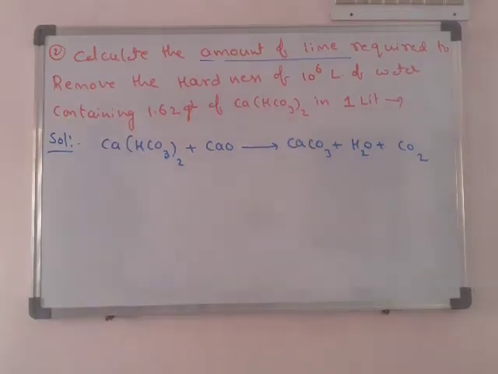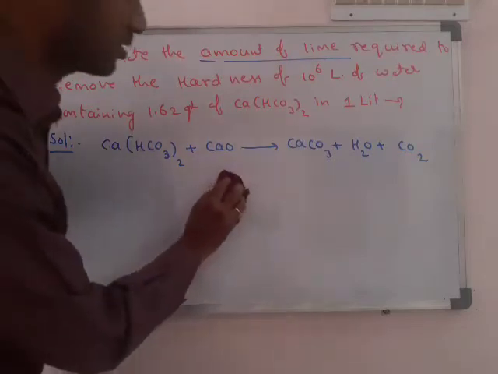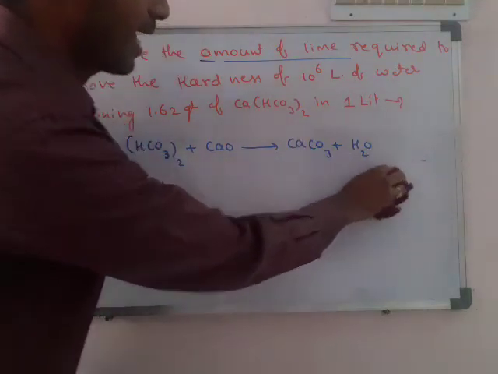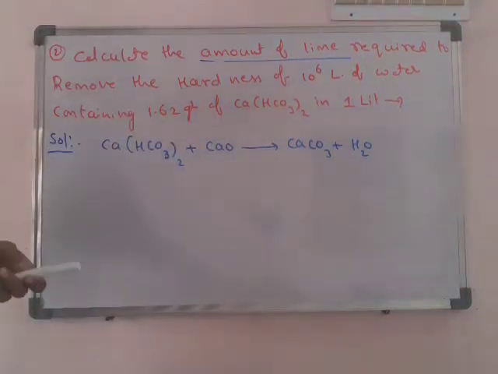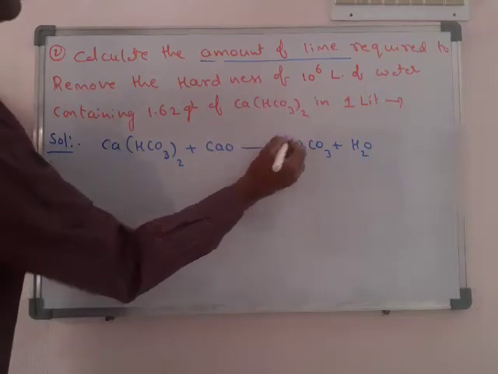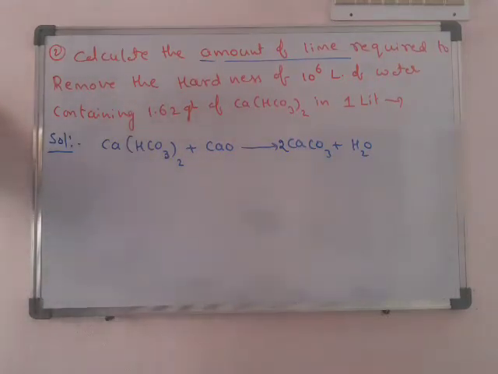So actually the reaction is not this one. See, here there is no formation of carbon dioxide gas. Okay, this was the original equation. So okay, two carbons. Now it is balanced.